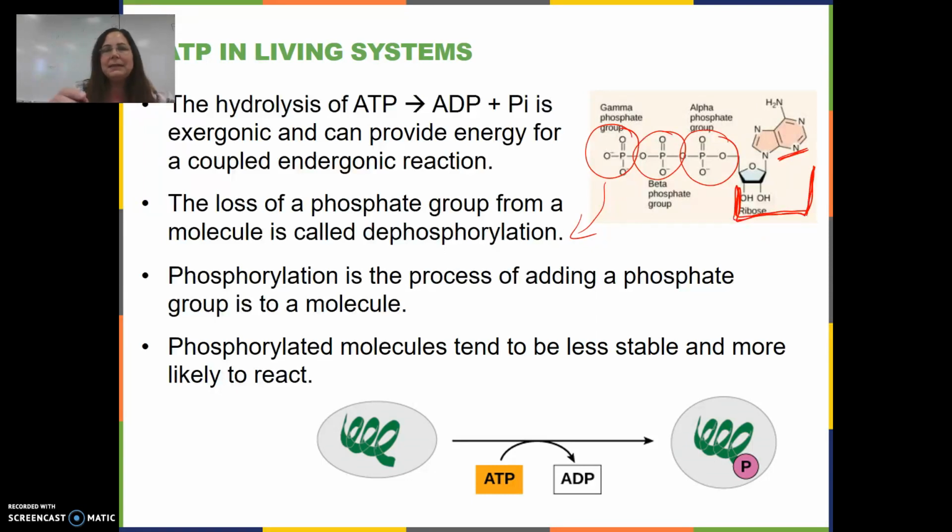So when ATP loses a phosphate, it becomes ADP, or adenosine diphosphate, and Pi stands for the phosphate group that is lost. So once ATP is broken down into ADP, that is where the energy comes from.